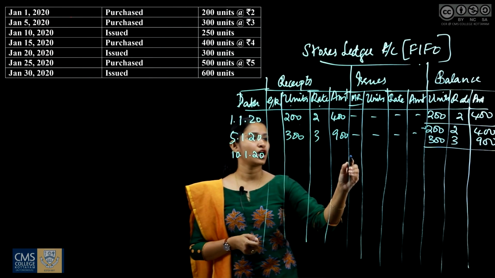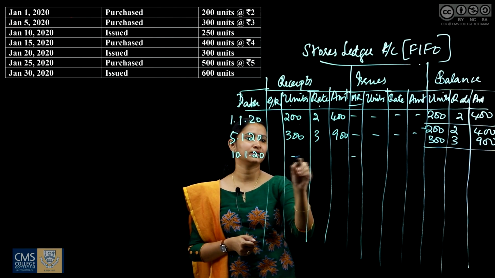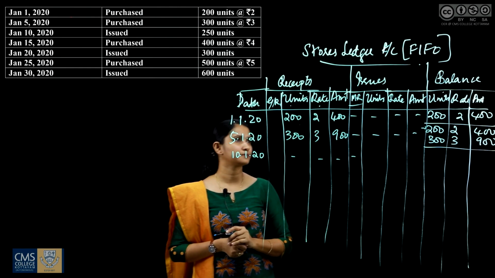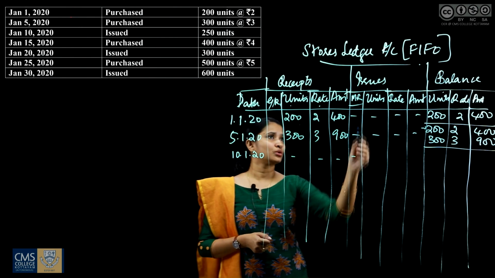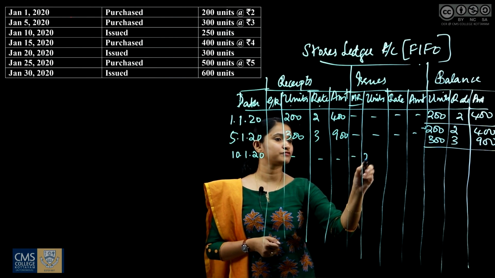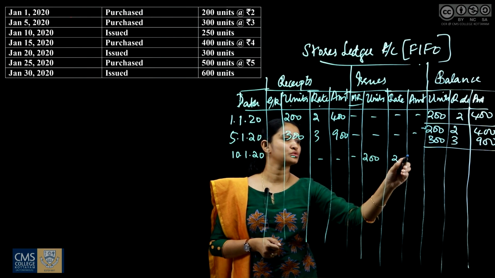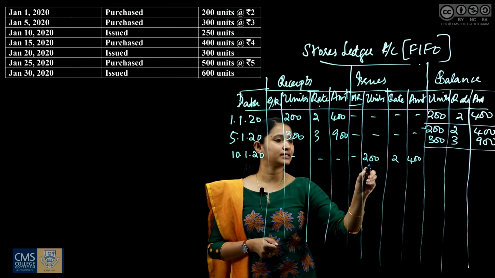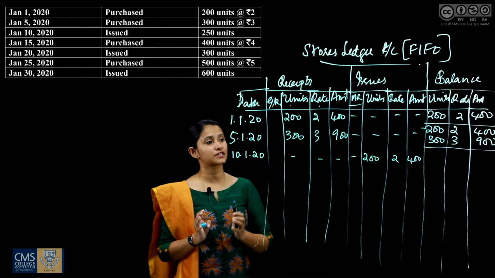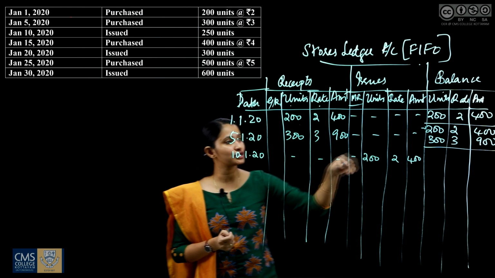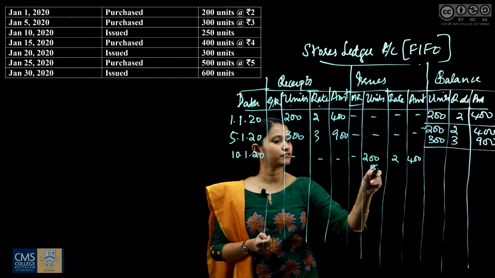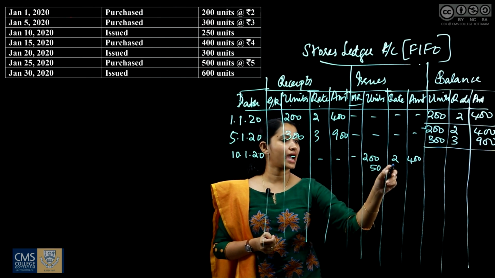You don't have any purchase made on 10th Jan. So you are going to issue 250 units: 200 units you take from the first lot at 400, and then in total they have asked us for 250 units, so you take the remaining 50 units from the second lot at 3.